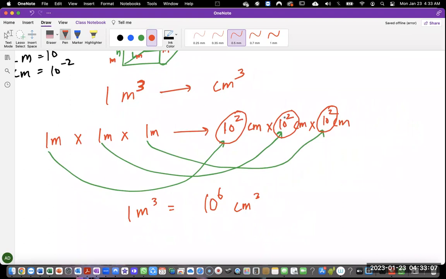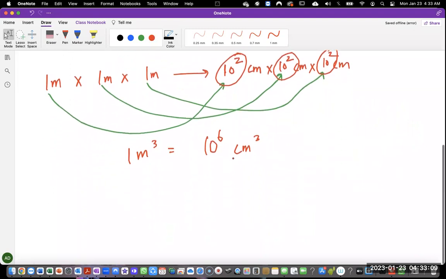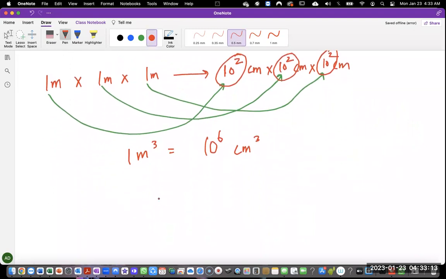So this showed you how this is actually working. But if you quickly want to do a problem like this, let me show you a quick way to do it. If the units are cubed, their conversion factor must also be cubed. That made sense, guys, here?